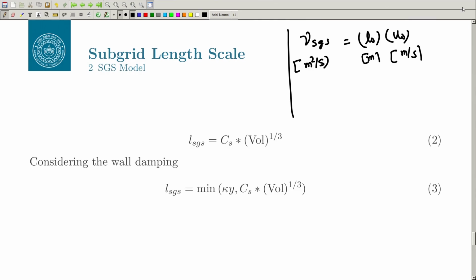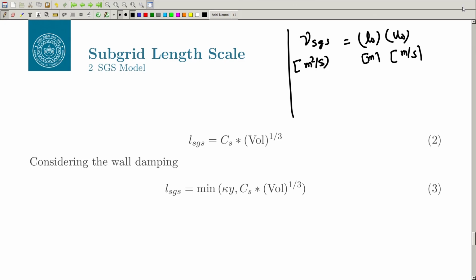For the length scale, we will use the same idea that we had in RANS, the integral length scale, which was representative of some of the geometry that we had. A similar idea can be used here.